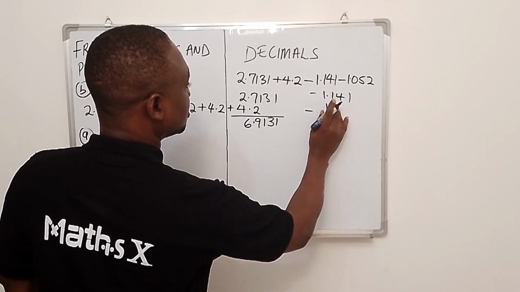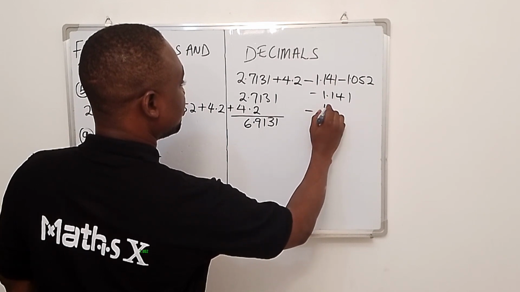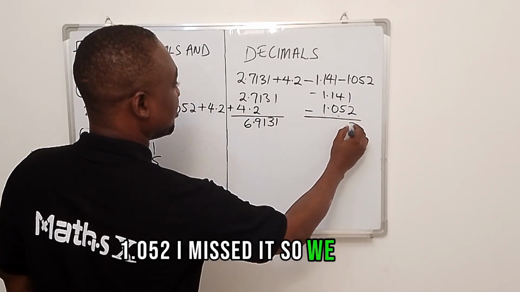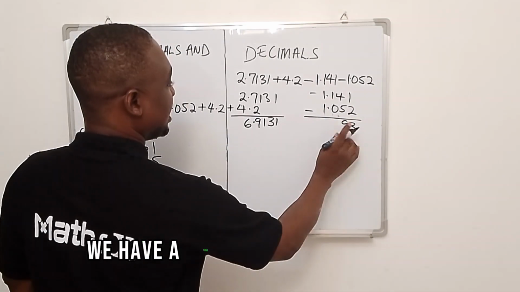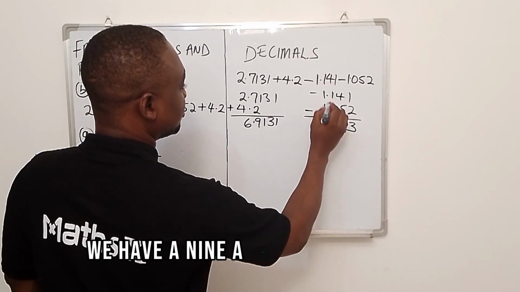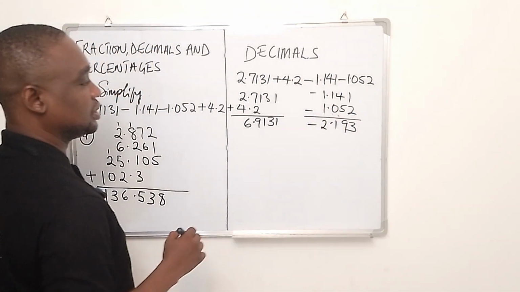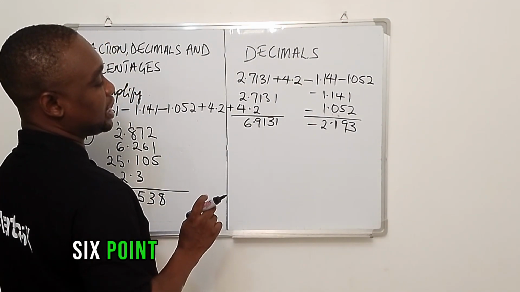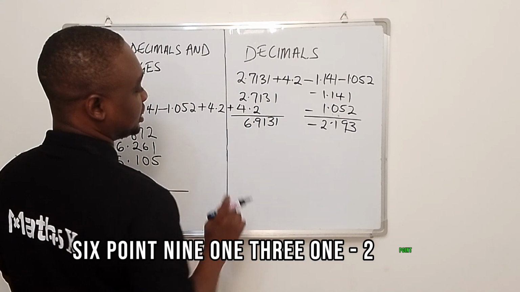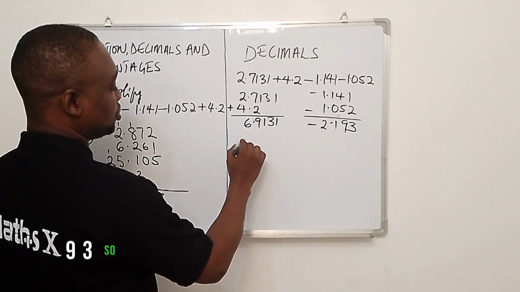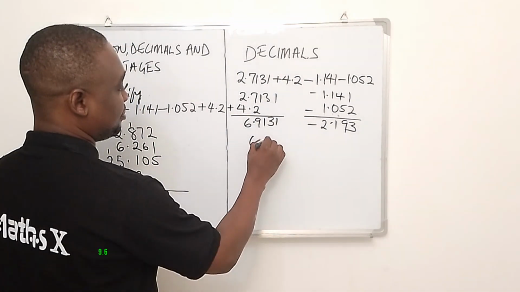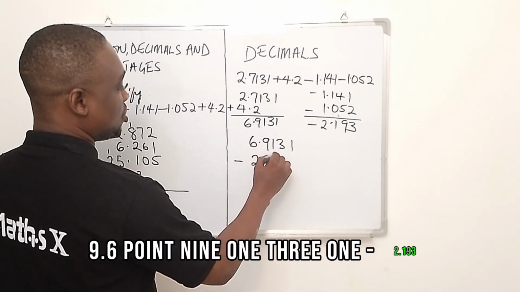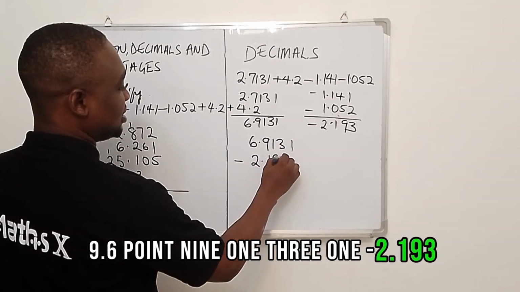Excuse me, I missed it. So we have 3, we have a 9, a 1.2. So this is minus. So we have 6.9131 minus 2.193. So here we go for the last part of it. 6.9131 minus 2.193.